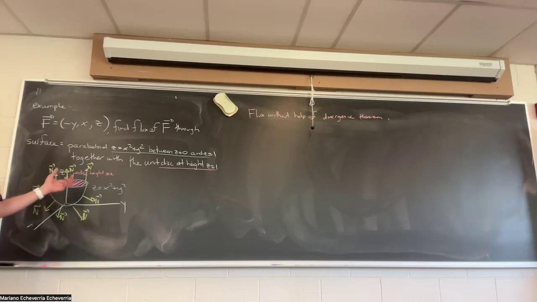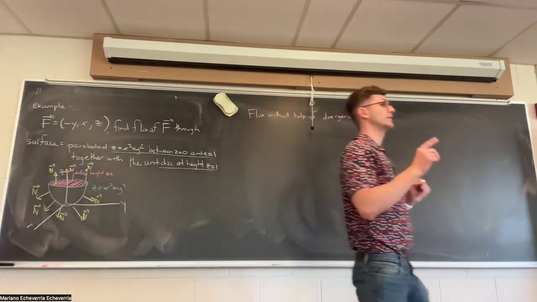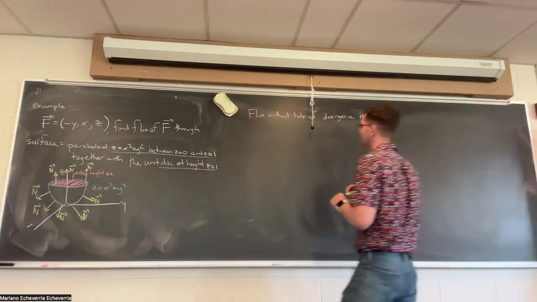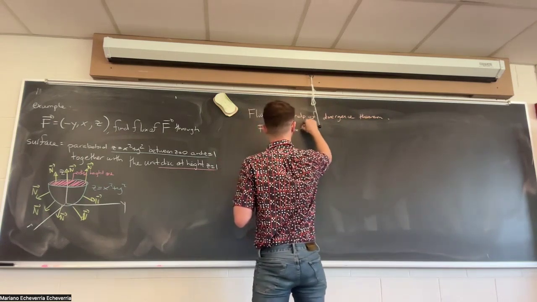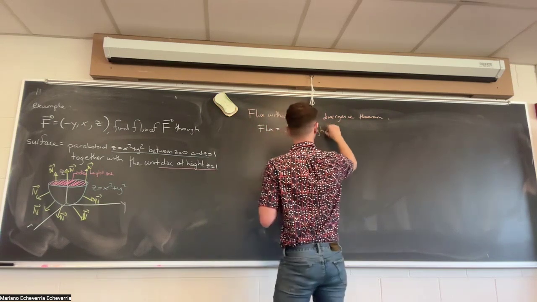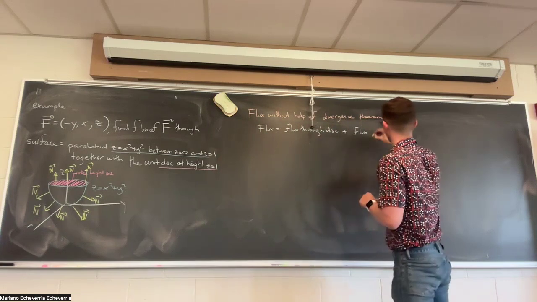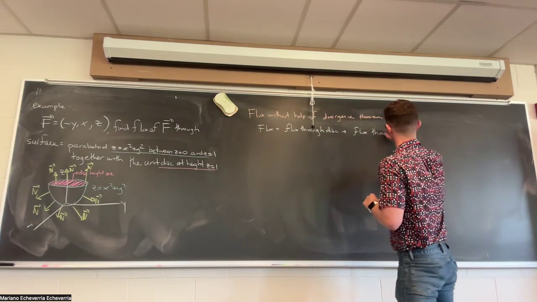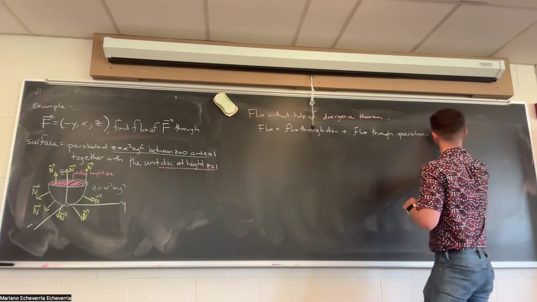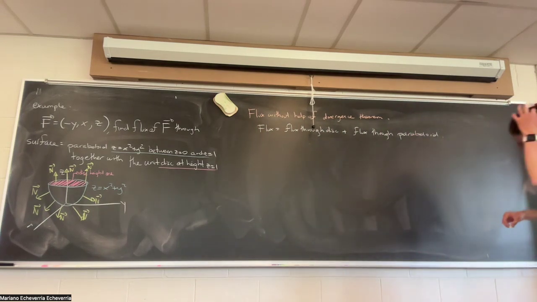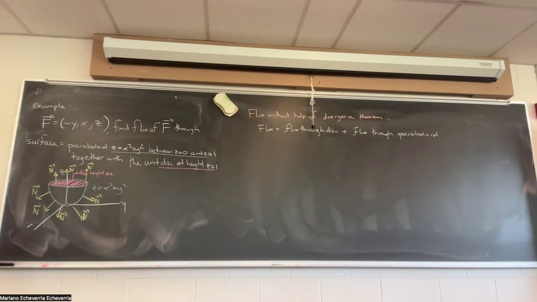So you would say that the flux is the flux through the disk plus the flux through the paraboloid, and then you have to find each of those individually. So let's find first the flux through the disk.